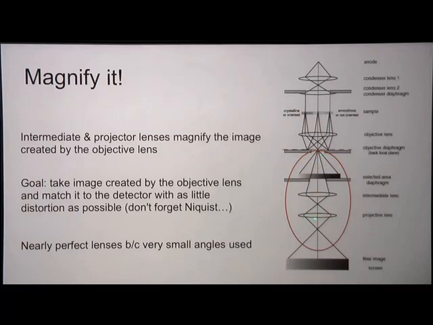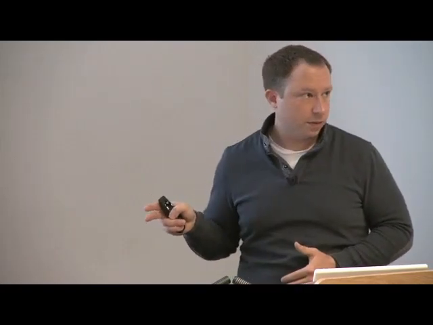Then you take that image and spread it out some more, and then put it onto your screen. And because the angle that goes into each of these lenses is so small, these lenses basically act perfectly. You don't need to worry about them very much. They do take a little bit of alignment, but in general, the objective lens is really the only one we need to worry about, because that's the one that actually formed the image. These are just spreading it out.